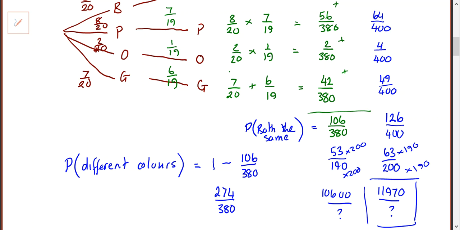Does that make sense? I don't know whether at the level you're currently working at, that type of thing is going to come in. But be careful with some of the questions in this section about whether it's truly a replacement or non-replacement, and sometimes it does not specify.